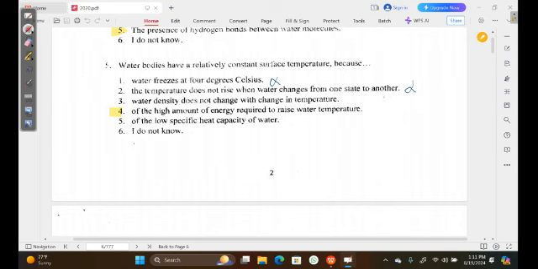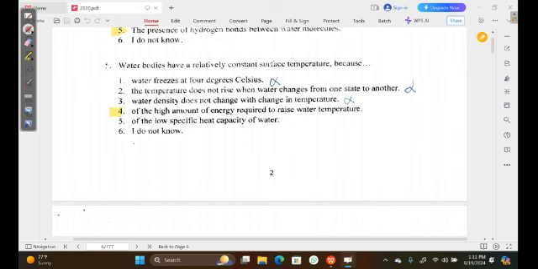Then option 3 is saying water density does not change with change in temperature. Again, this is false because we know that water actually has a higher density at 4 degrees Celsius. So this makes this option wrong.